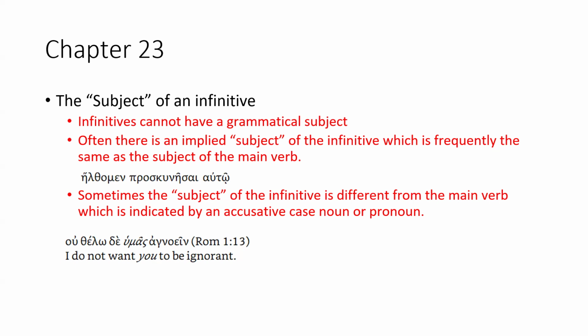Who's going to be doing the worshiping? Also the magi, it's the same. Sometimes the subject of the infinitive is different from the main verb, which is indicated by an accusative case noun or pronoun. Ou thelo de humas agnoein, I do not want you to be ignorant. Humas, accusative. The subject is who Paul is writing to, humas.